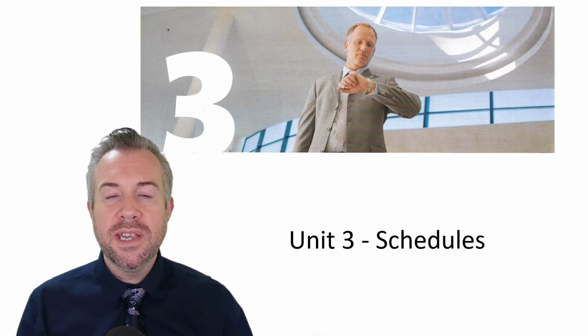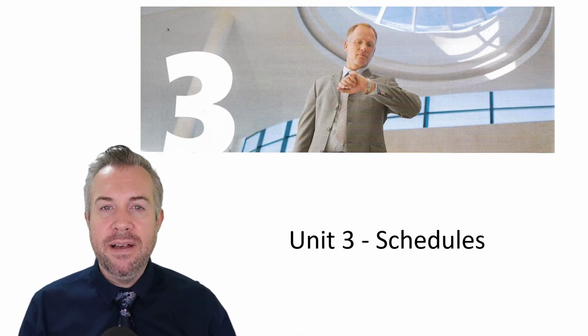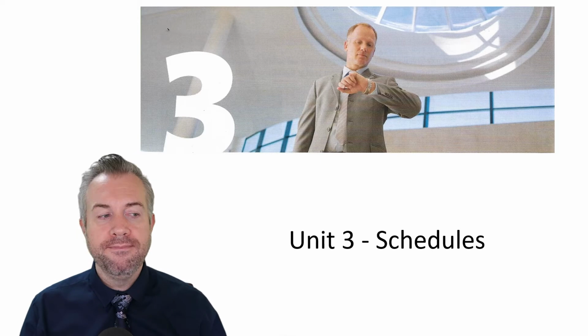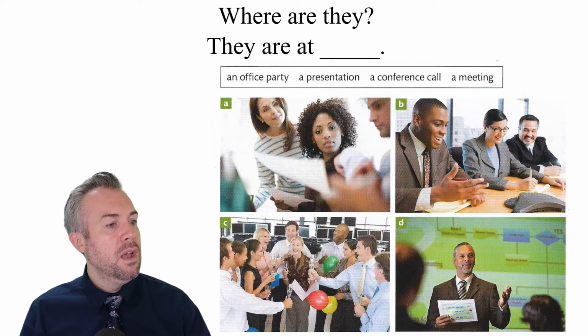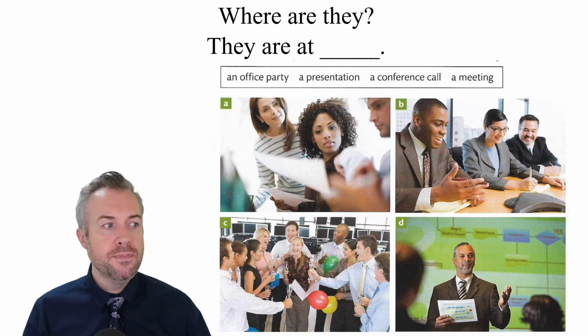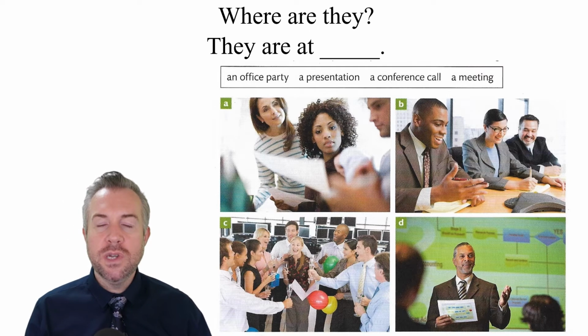We start by looking at some different events that business people might have in their schedule. On the first page, we have 4 pictures, A, B, C, and D. Our first question is, where are they?